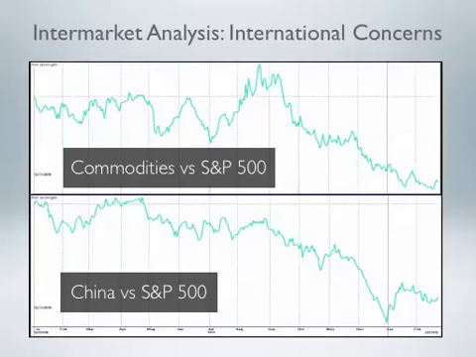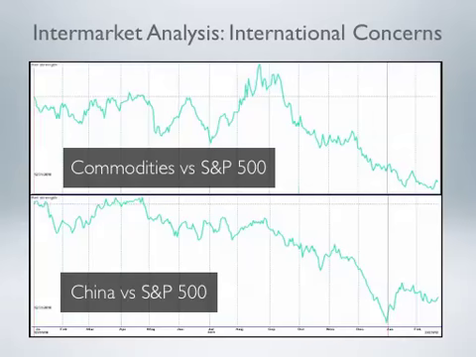And then the bottom chart is the relative strength chart of China versus the S&P 500. Again, the green line is falling, which indicates that the S&P 500 is outperforming China. Again, another bearish sign. We like to see China and the highly beta, highly cyclical emerging economies also performing very well in order to have more confidence in the strength of the bull market.